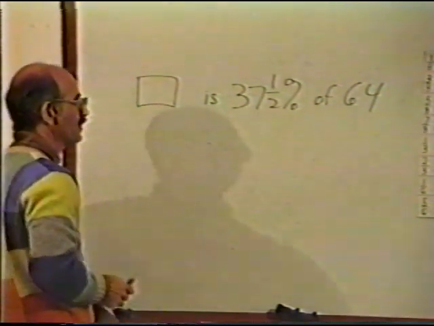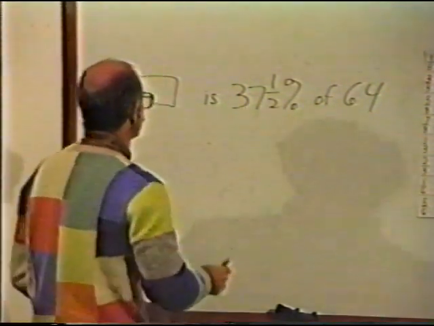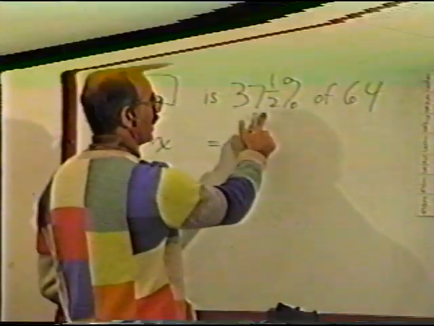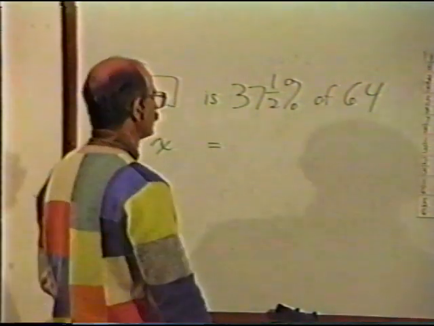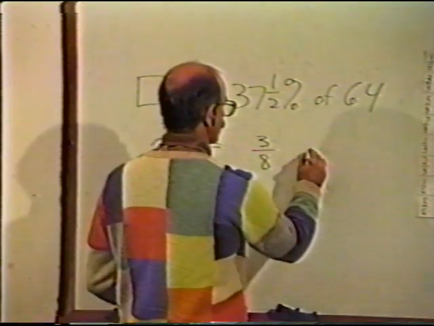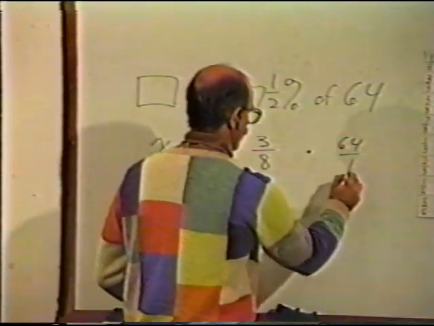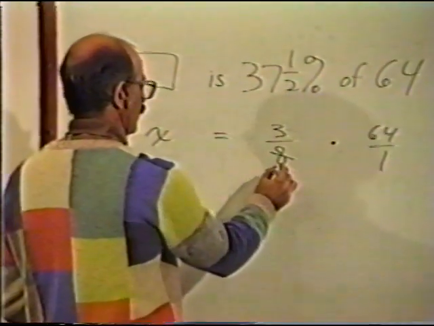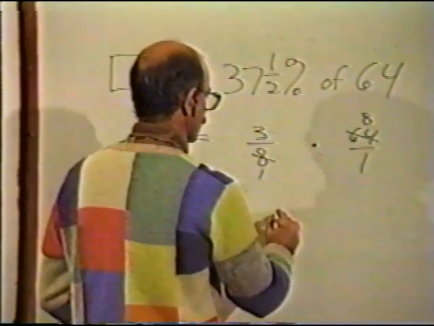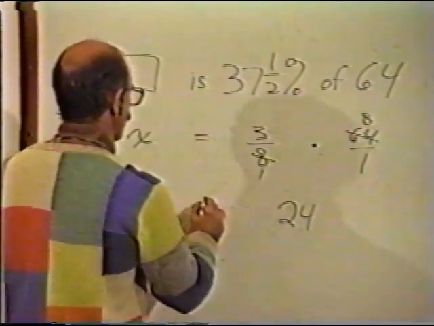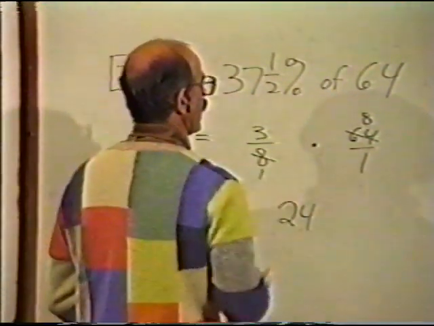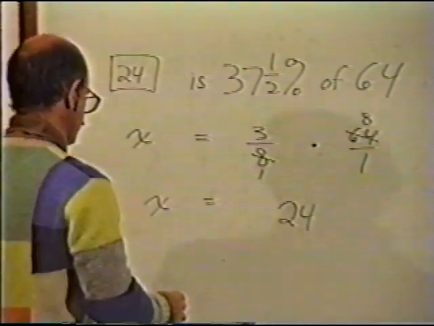I wrote it backwards just to see if I could trick you. x equals, from what fraction do we get 37.5%? 3/8, one of your memory percents. 3/8 times 64/1. 8 into 8 is 1. 8 into 64, 8. 3 times 8, 24. 24 equals x. 24 is 37.5% of 64.